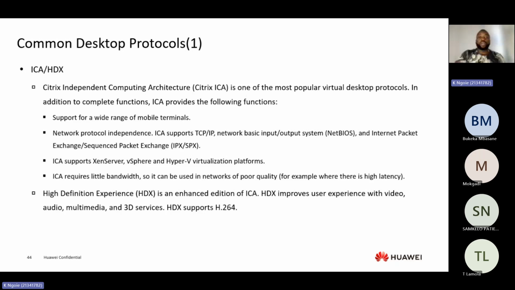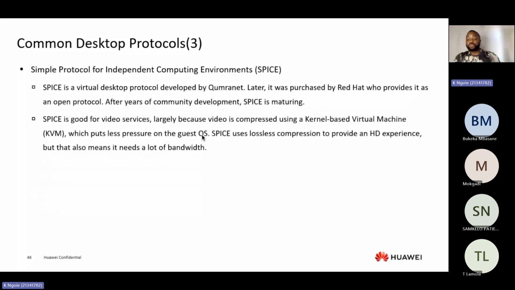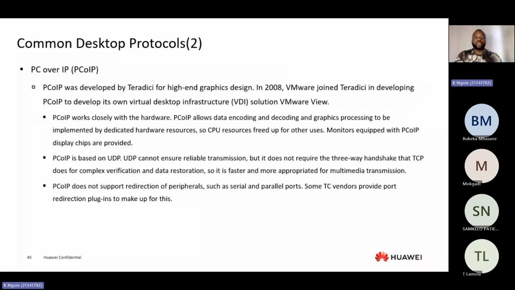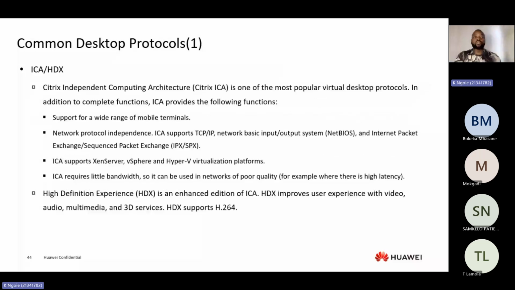So some key features of the ICA is the broad device support, which means that it works on a large range of terminals and mobile devices. In terms of network protocol, it can support your TCP/IP, NetBIOS, IPX, SPX, and then we have multi-hypervisor capabilities.